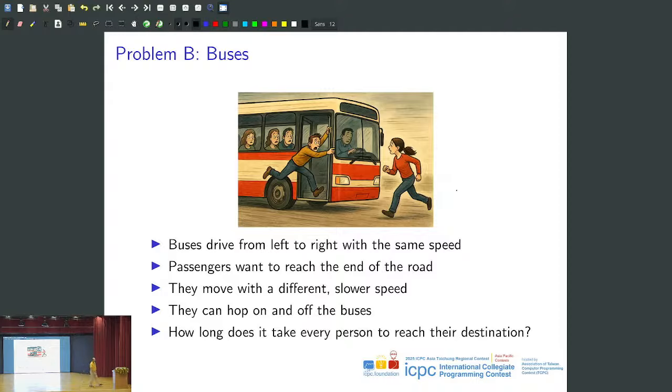Buses have some start point, some end point, and they move from there to there with the same speed. What you can do is walk, but the bus is of course faster than walking speed, and anytime you can jump on a driving bus, and you can also jump off the bus if you want to.